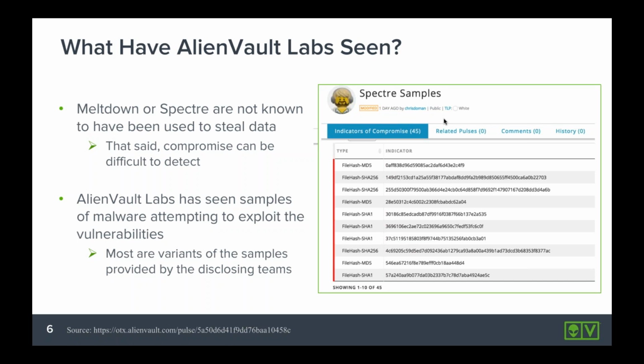For those that are interested, on the right-hand side are just some of the samples. In fact, if you go to our Open Threat Exchange, the URL is at the bottom, otx.alienvault.com. It's a free threat intelligence platform. All you need is an email to sign up. You can search on Spectre and Meltdown and start to get information about what type of attacks are starting to emerge in the wild.